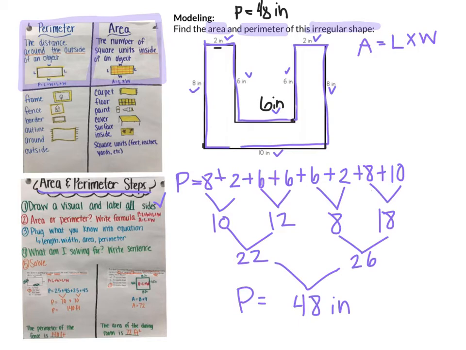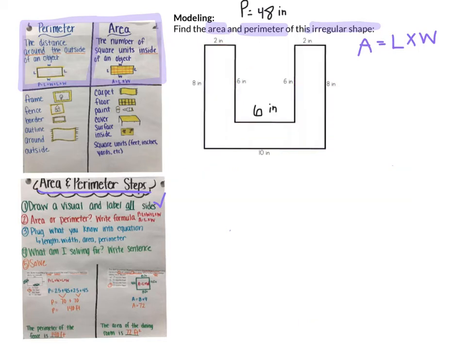Okay, so just to recap, when we were solving for perimeter of this irregular shape, we did not have to decompose the shape. All we had to do was find our missing side length and add all the side lengths together to find perimeter. Now, when we are solving for area, this is when we need to decompose our shape into smaller shapes so that we can apply our area formula.